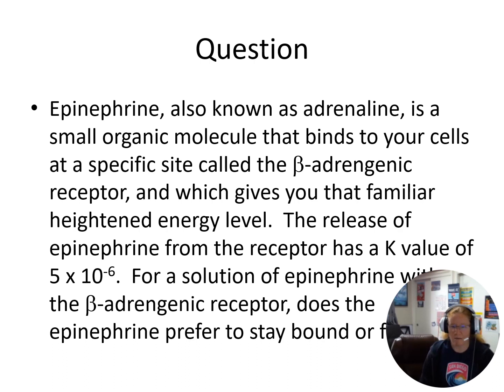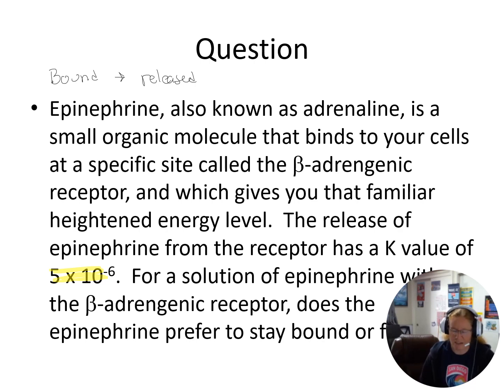We're saying the release has a small K value. So the reaction we're looking at is bound goes to released. We've got a K value here, 5 times 10 to the negative 6th. So it's really small. Small K is reactant favored.